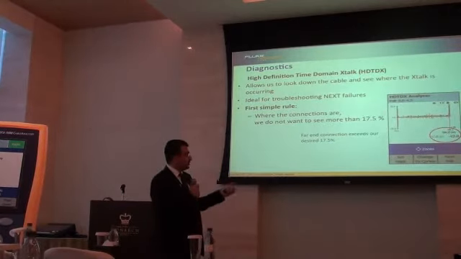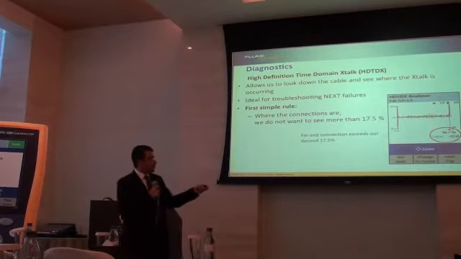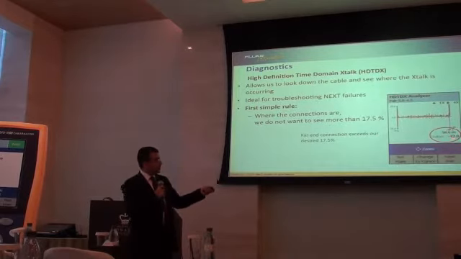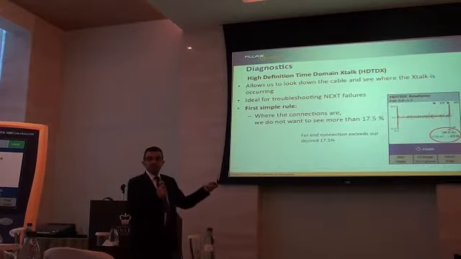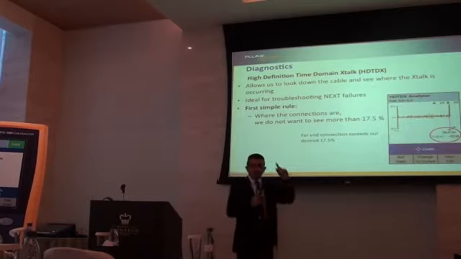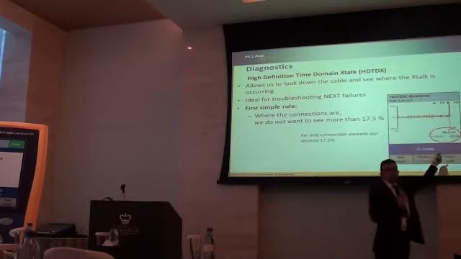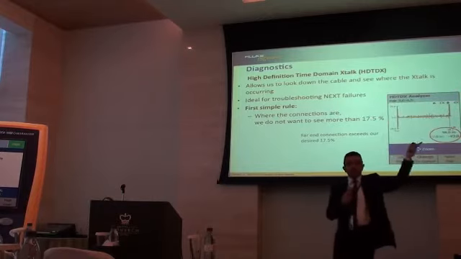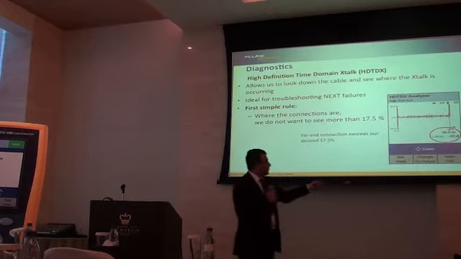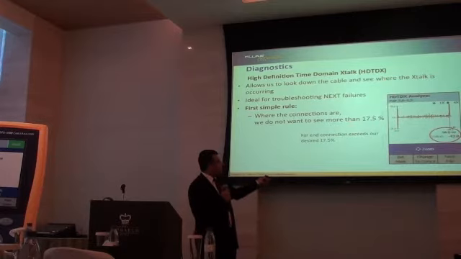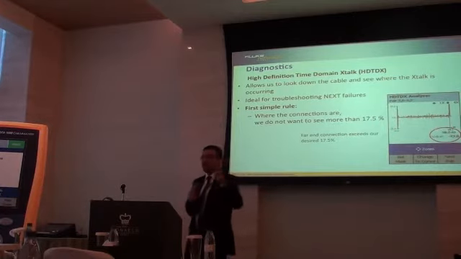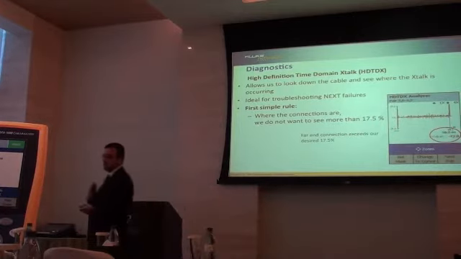An example of that, this analysis showing a value of 42.8 at the end of the cable, so at the remote. So I know from here, if I have a failure in NEXT at the remote, that my problem is a connector at the other end, because 42.8 is way above the 17.5% range that I can have.